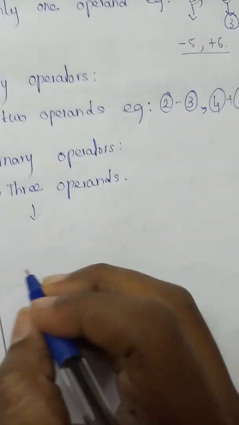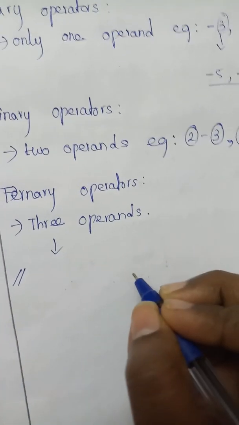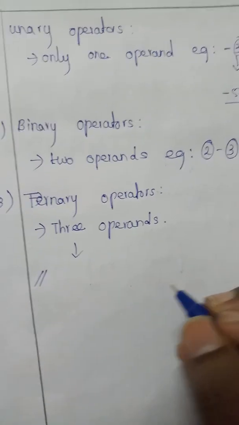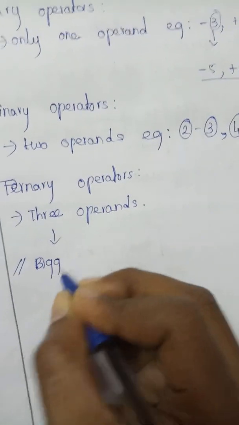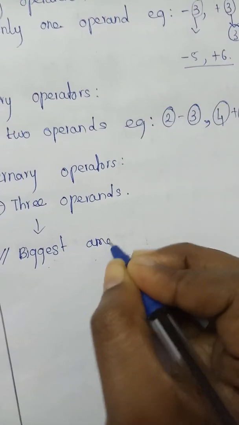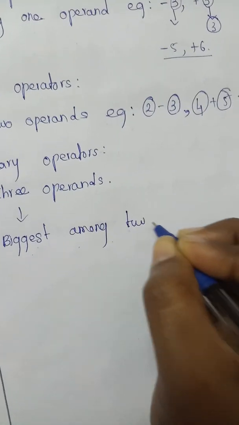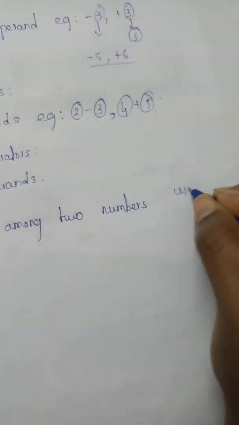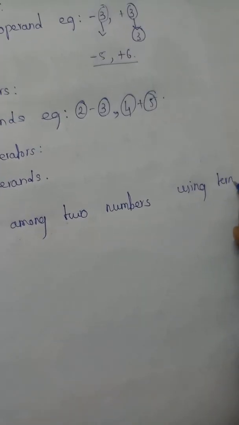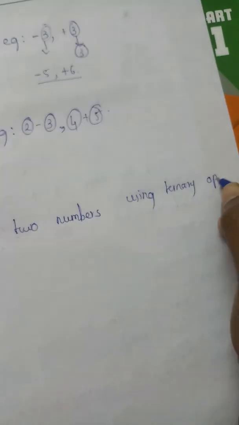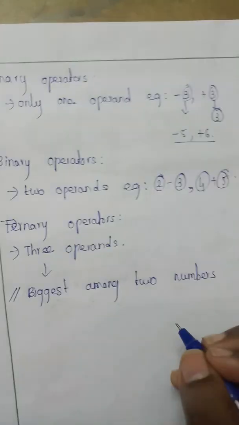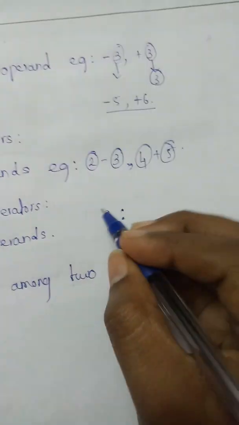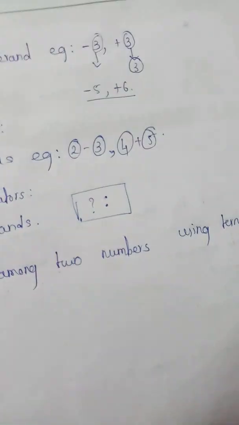I am taking the code to find the biggest among two numbers using the ternary operator. The ternary operator looks like this: question mark and a colon. Okay, this is the ternary operator.